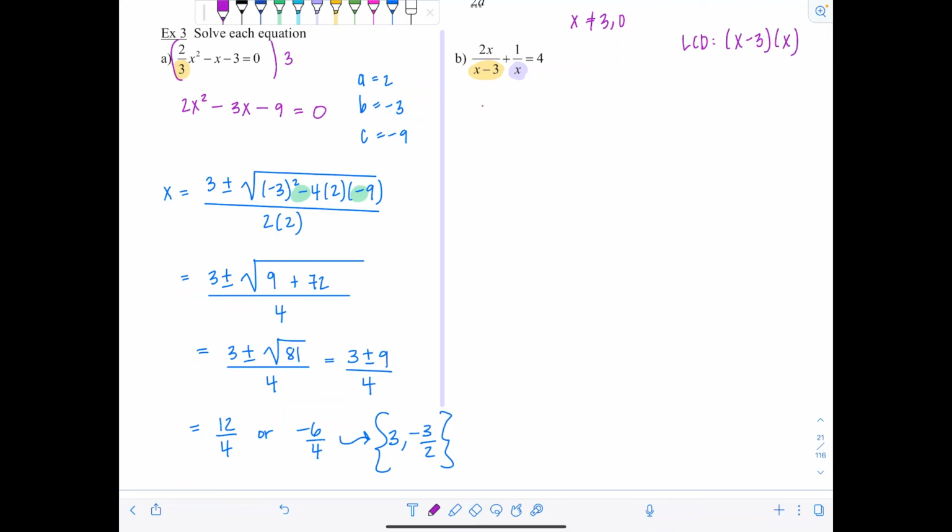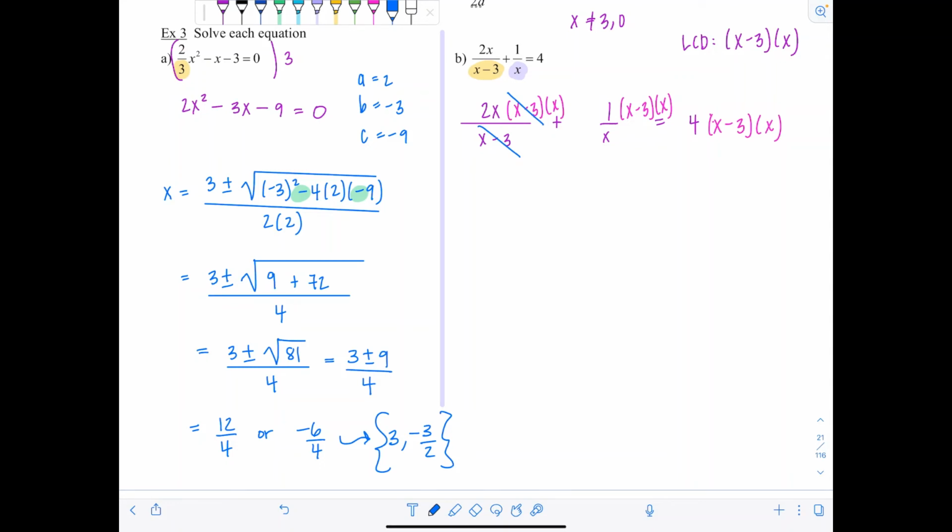So let's rewrite everything. 2x over x minus 3 plus 1 over x equals 4. Then I'm going to multiply by the LCD, x minus 3 times x, on each term. Okay, cancel, cancel.